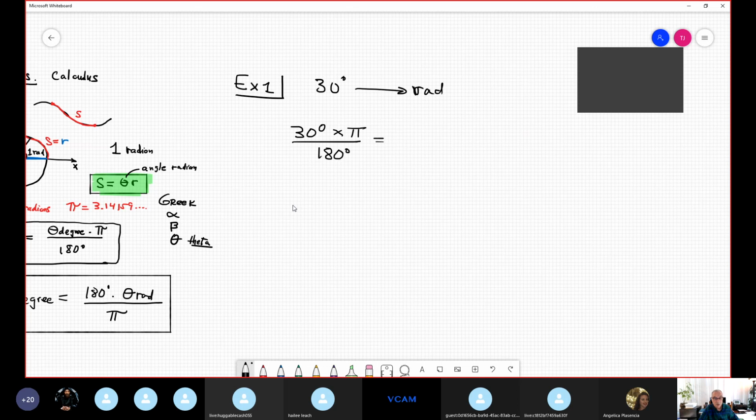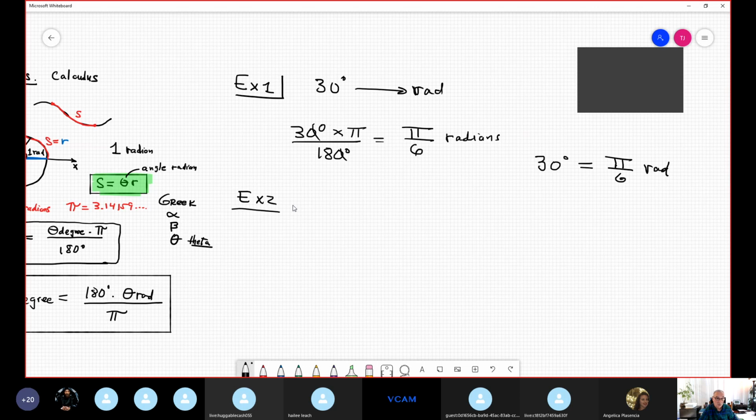Now you reduce to the lowest term. Divided by 3 is 6. So pi over 6. You put in the calculator, 30 divided by 180 is 1 over 6. It's pi over 6 radians. In conclusion, guys, 30 degree is equal to pi over 6 radian. Got it?